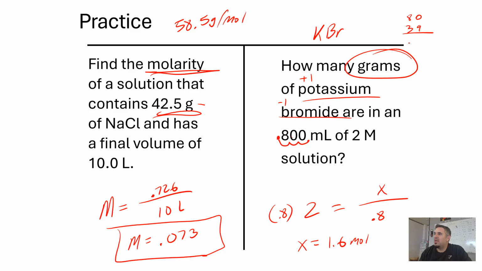That gives us 119 grams per mole. Then we multiply that by 1.6. So 1.6 times 119 gives you 190.4, and our unit is grams of potassium bromide.